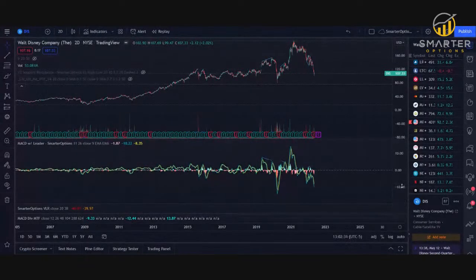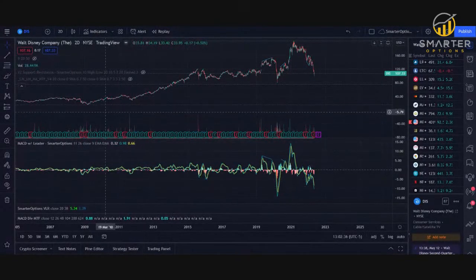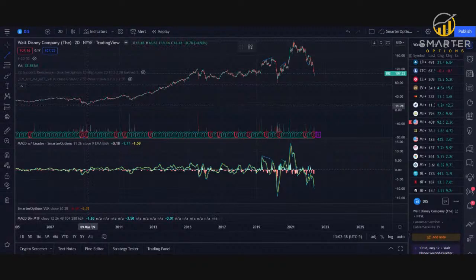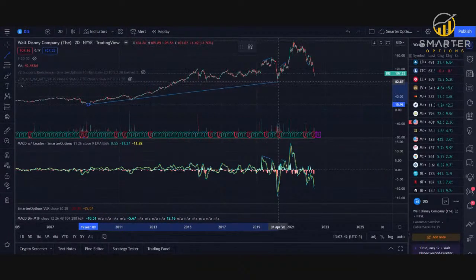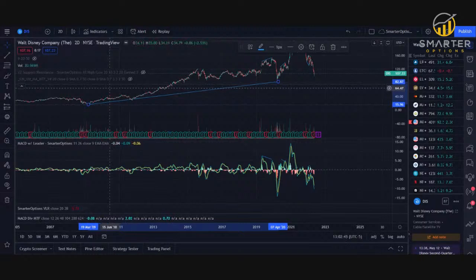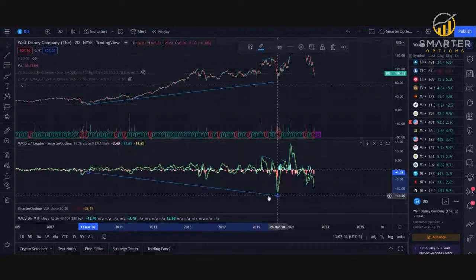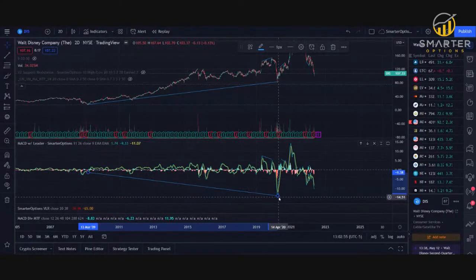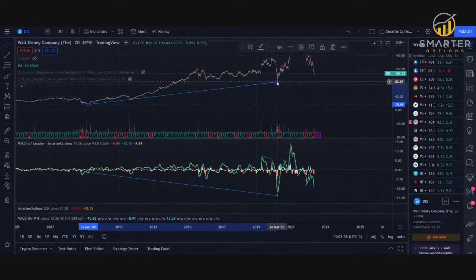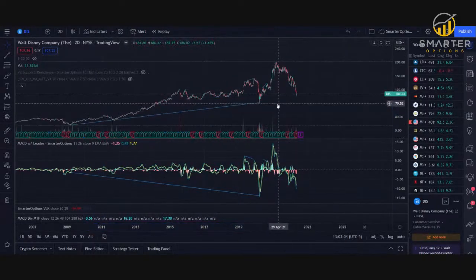You can do this, and this will show you the magnitude of what the move should be. Here is a low to a higher low. Okay, but the oscillator during the same time frame got a massively lower low. Price action was higher. This is a sign of a massive regular bullish divergence.